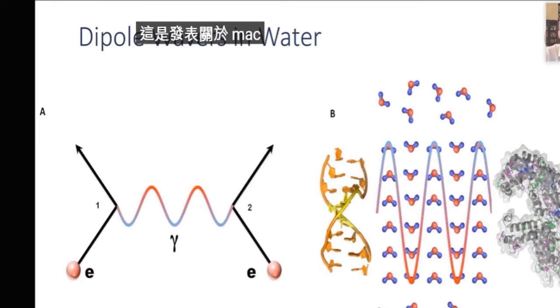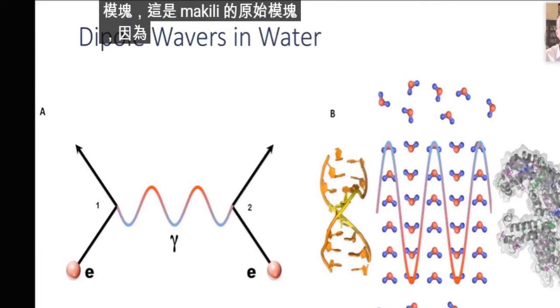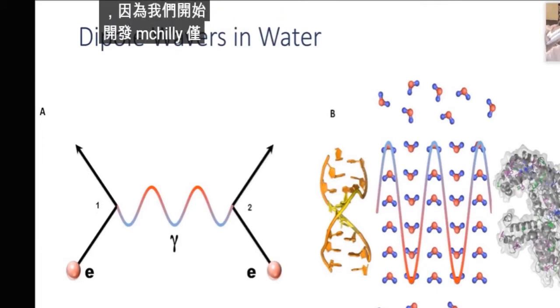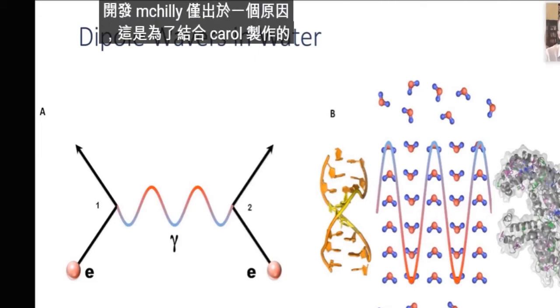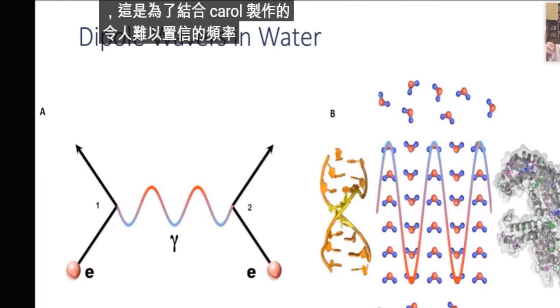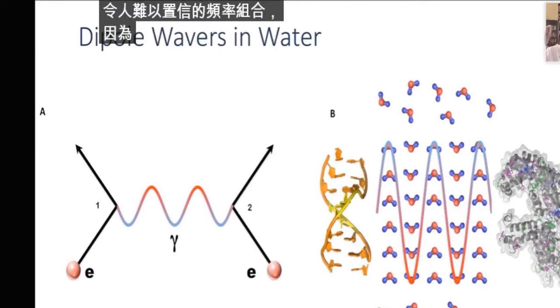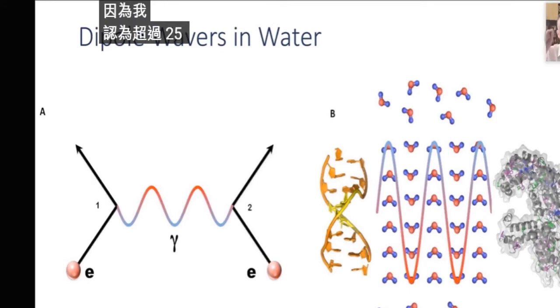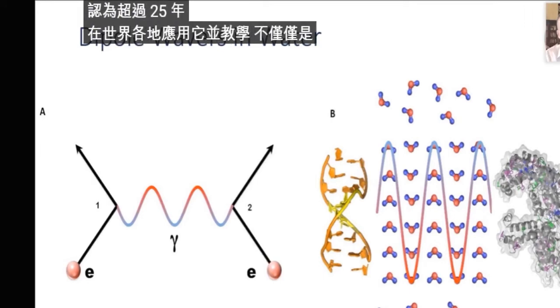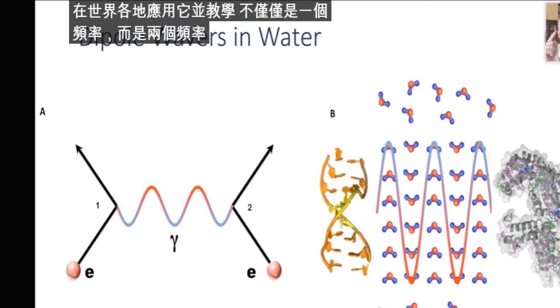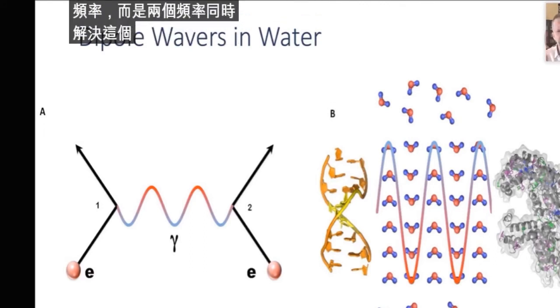It's a magmatic module, and this was the original module of the MEG Healy, because we started to develop the MEG Healy for one reason only, and this was to incorporate the incredible frequency combinations which Carol McMakin, for more than, I think, 25 years, is applying and teaching all over the world, not just one frequency, but two frequencies at once, addressing the issue and the tissue within the bioenergetic field.